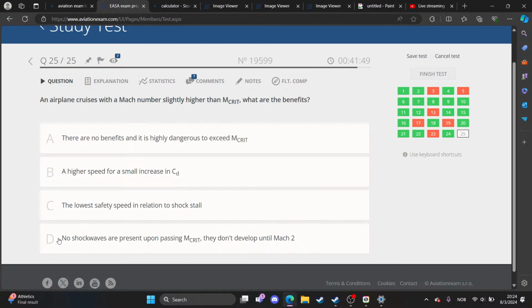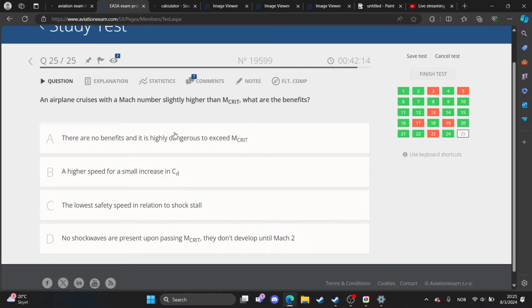Alright, this is definitely wrong. This one's wrong, so it's either A or C. There's no benefits, and it's highly dangerous to exceed Mcrit. It's not highly dangerous.